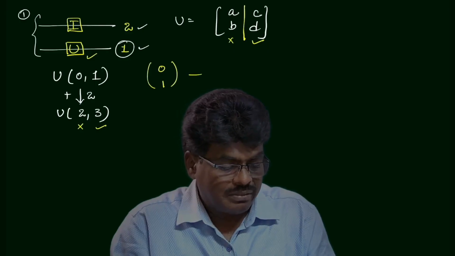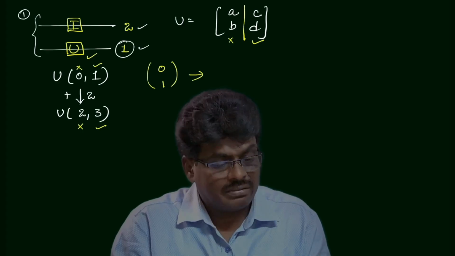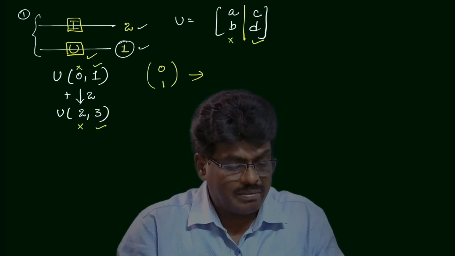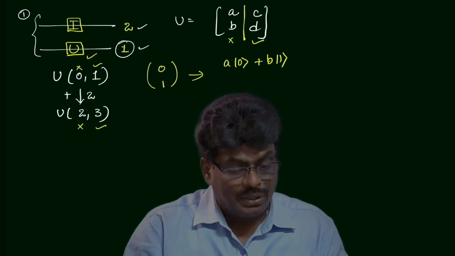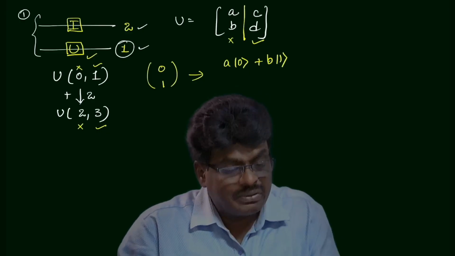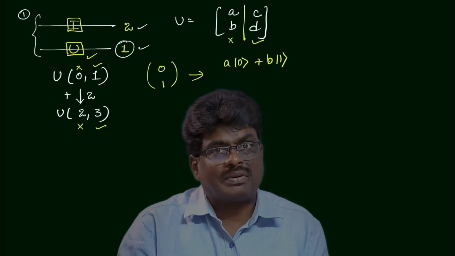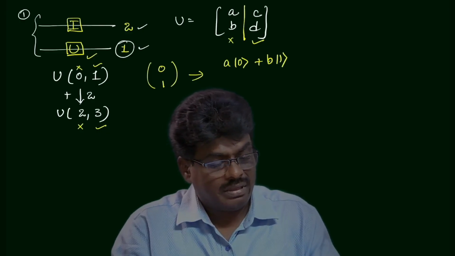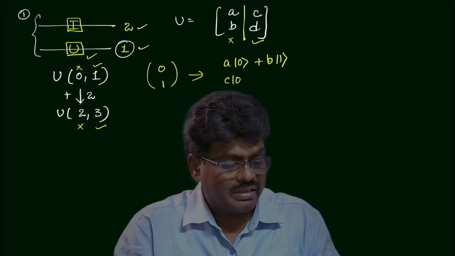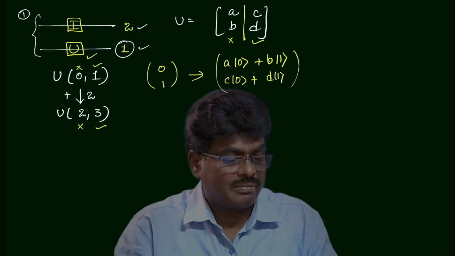So 0 and 1. See here 0 is off, 1 is on. Off means you have to take the first column, that is A ket 0 plus B ket 1. Remember, you have to take the superposition of these 0 and 1 decimal states only. And the next one, this is on, that's why C ket 0 plus D ket 1. That's it.